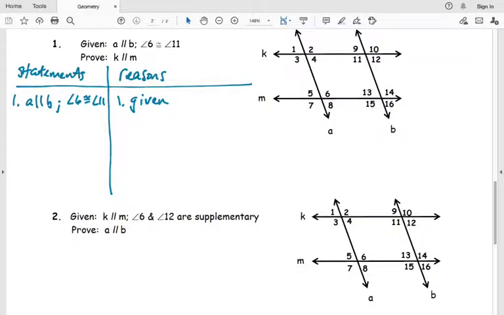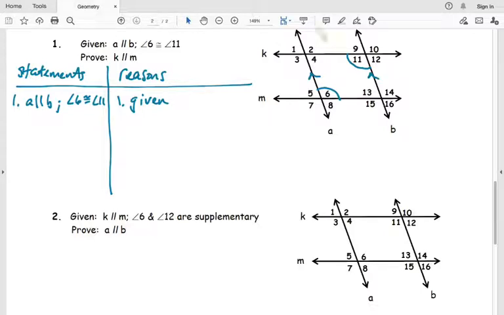Okay, so we've been given this picture, and we were told that line A is parallel to line B. So I'm going to mark that in my picture with those arrows to show that they're parallel to each other. We're also told that angle 6 is congruent to angle 11. Now, those aren't angles that have a relationship with each other.